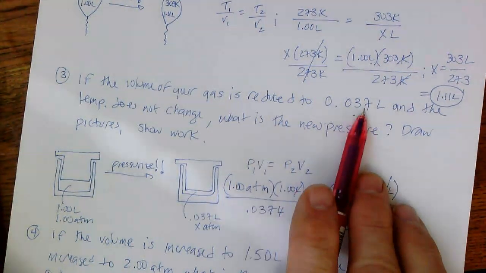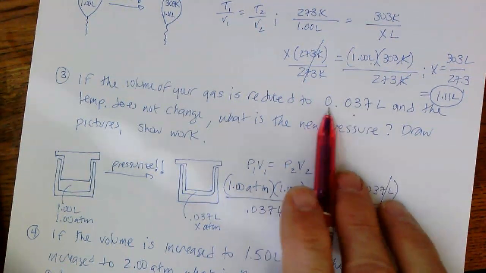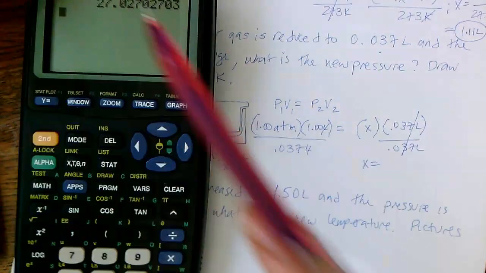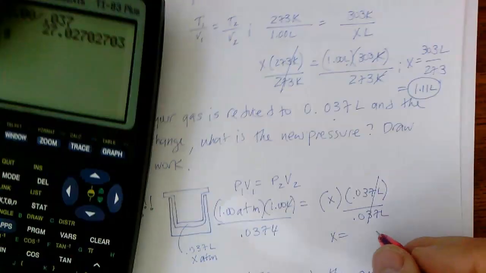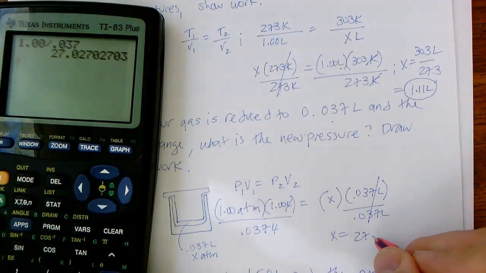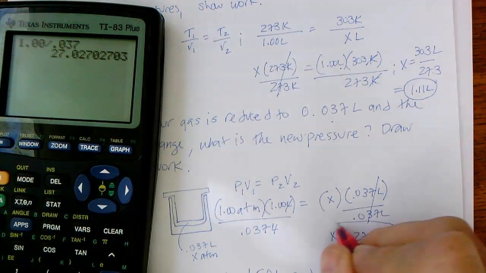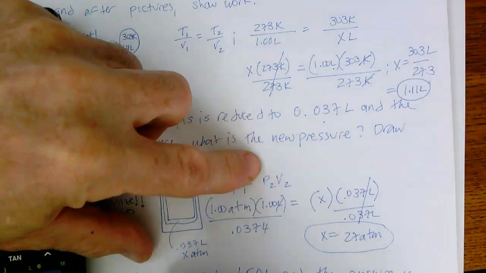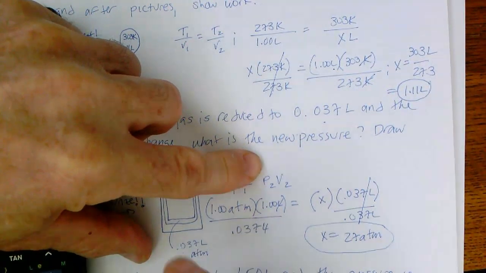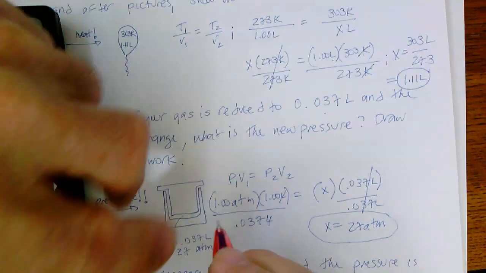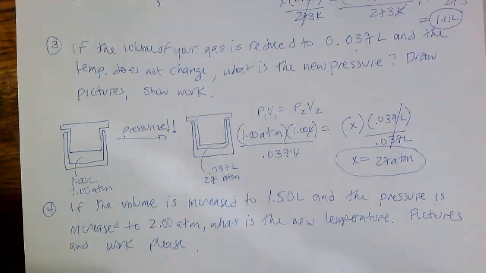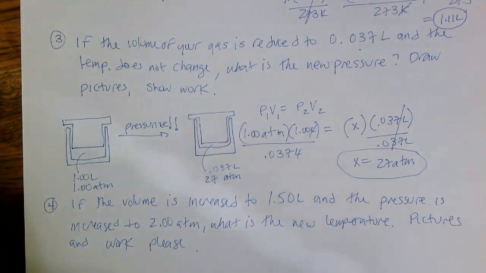Yeah, look, there's only 2 significant figures there. Always drop your leading zeros. So I'm just going to write 27 atmospheres. Circle it. And that is question number 3.